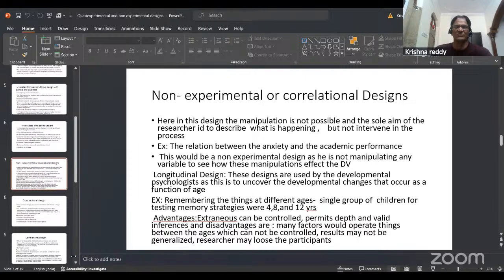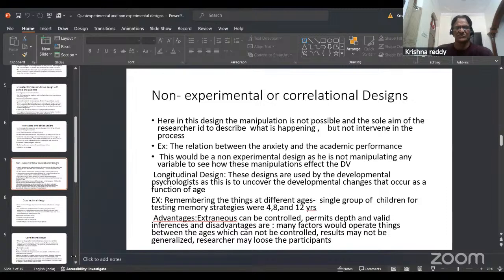So for non-experimental or correlational designs, one is the longitudinal design, which is meant for studying the changes occurring in individuals. This is one of the examples, and an example is also given for remembering. He studied at the age of 4, 8 and 12 years the remembering strategies of the participants.